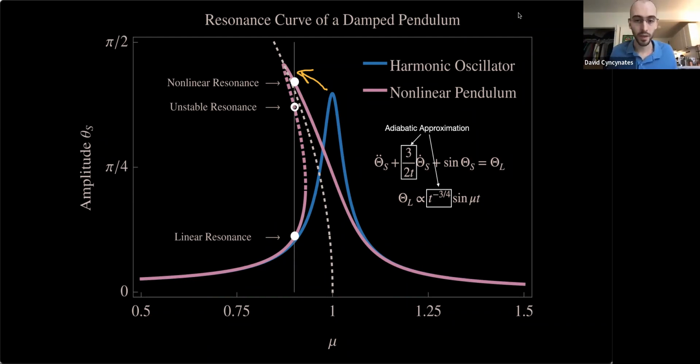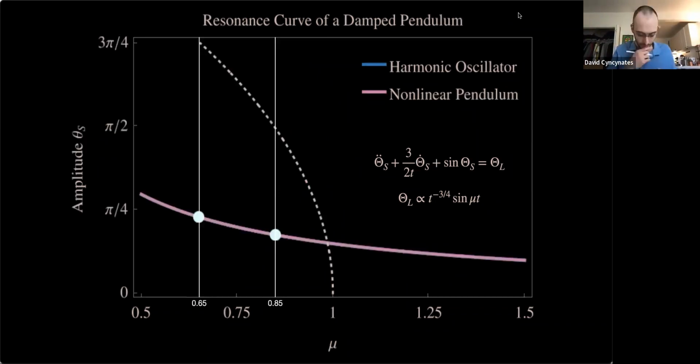Okay. So now that we've seen what the resonance curve looks like at a particular instant in time, we can look at a sequence of resonance curves as we slowly vary these coefficients. And what we'll see is that the resonance curve evolves in a way that lifts the axion up to the nonlinear resonance if it's driven at a frequency that's not too far from 1.